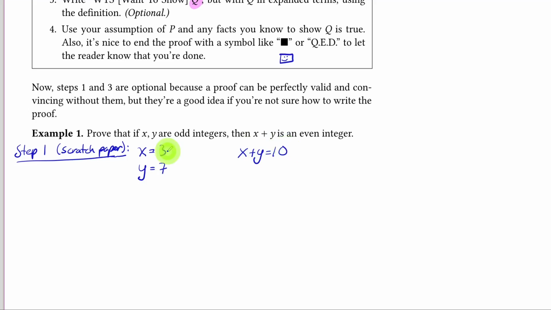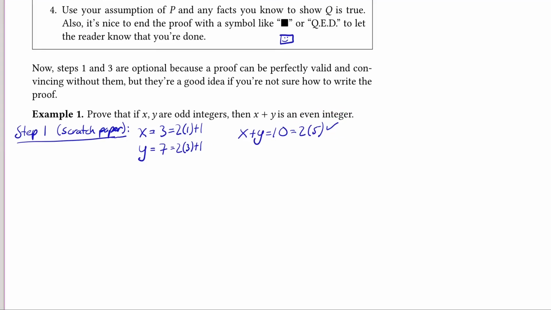Let's just make sure this is odd using the definition. 3 is 2 times 1 plus 1. 7 is 2 times 3 plus 1, so that's what it means for those to be odd. And 10 is 2 times 5, so that works.